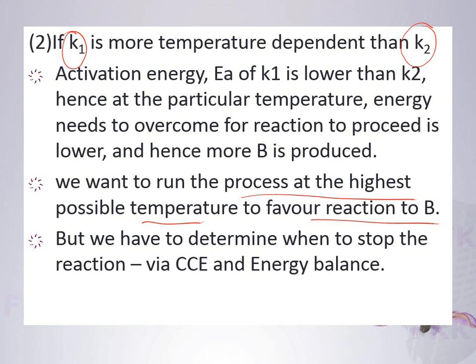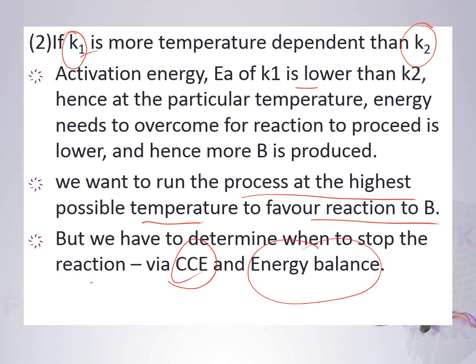The same goes here. If K1 is more temperature dependent than K2, you run it at the highest possible temperature first. But you have to determine when to stop the reaction through the CCE and energy balance.